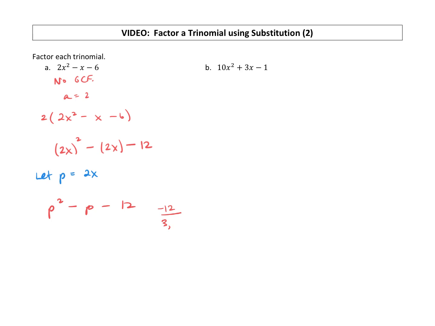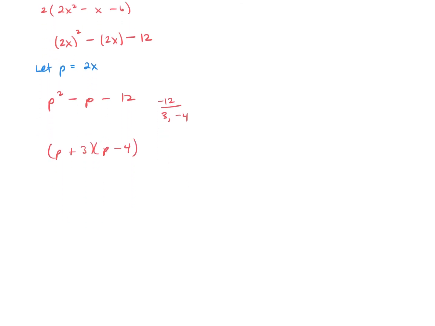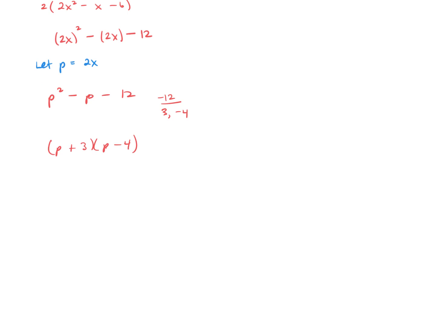That's going to be a 3 and negative 4. So then we factor, we have p plus 3 and p minus 4. Now we're going to substitute back in. We know that p is equal to 2x, so we're going to substitute back in a 2x for the p's. So it's going to be 2x plus 3 and then 2x minus 4.